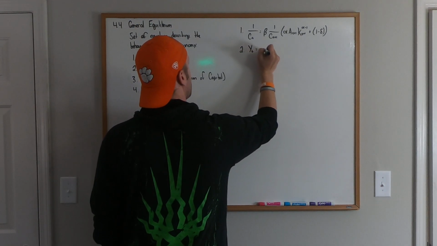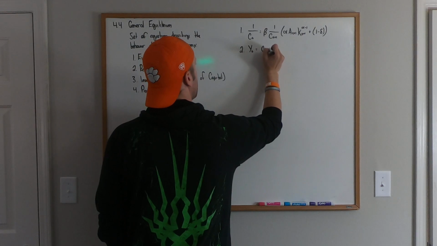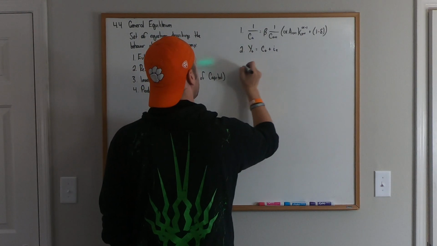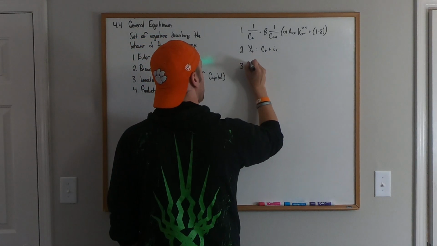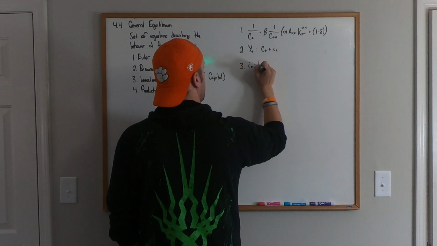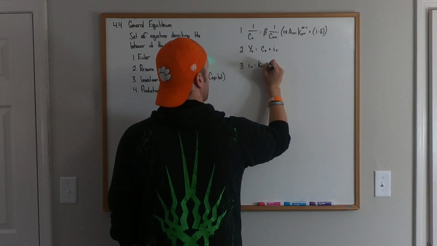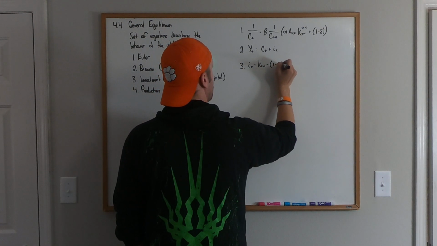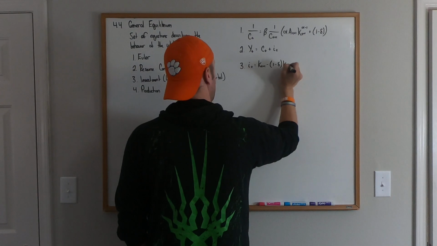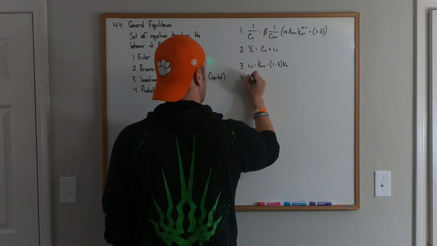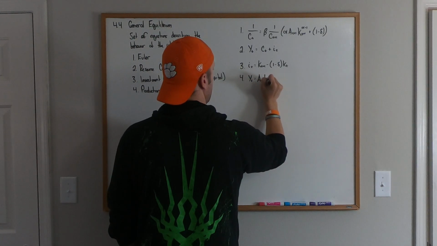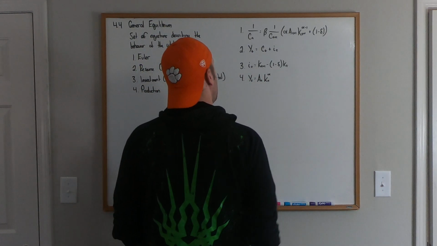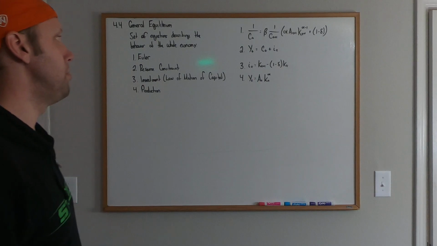Resource constraint. Y equals C plus I. 3. Investment. Law of motion of capital. And then 4. Y equals A times K to the alpha.